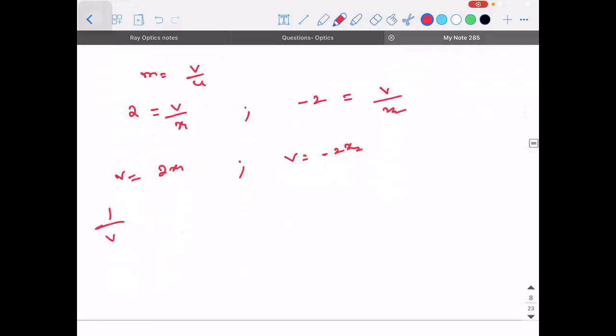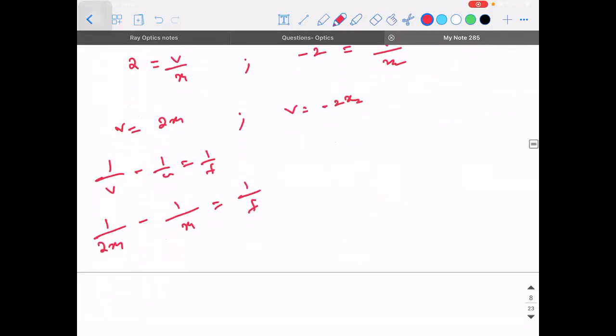So use this scenario. 1 by V minus 1 by U is 1 by F. 1 by V is 2x1, minus 1 by U is minus x1. We will take U as x1 because it's an unknown. Is equal to 1 by F. So minus 1 by 2.